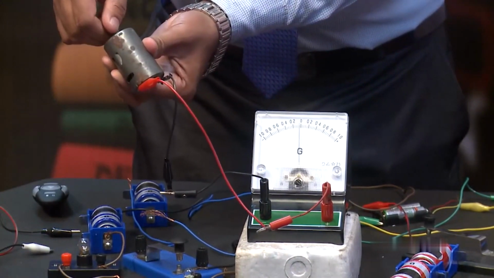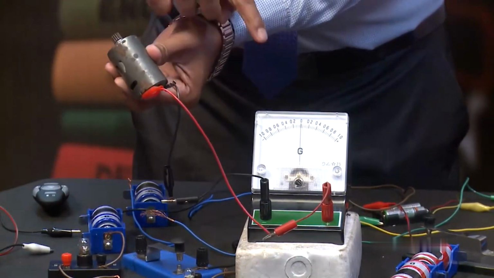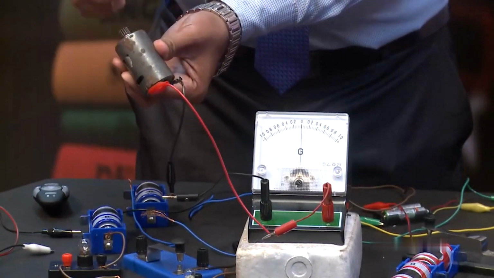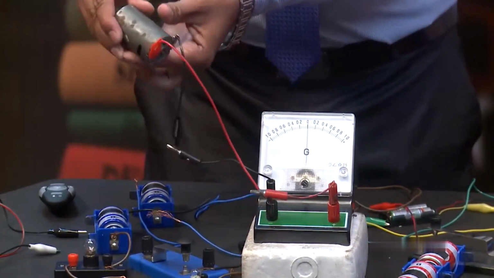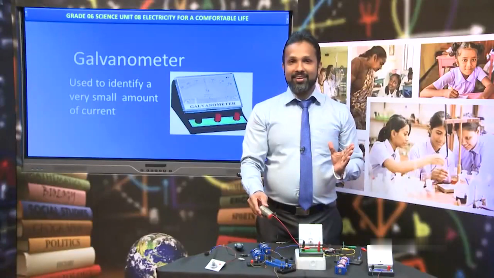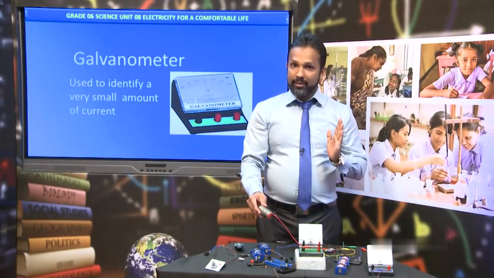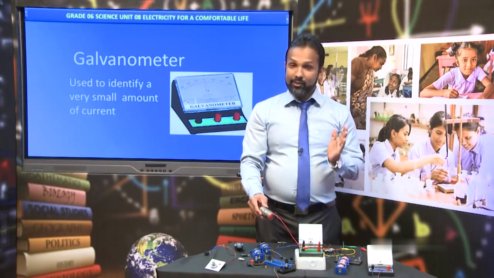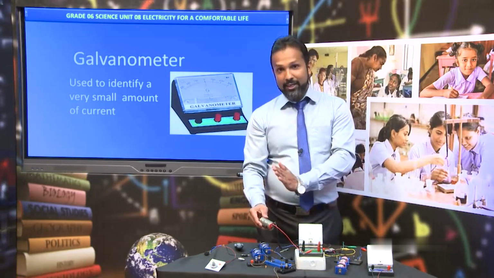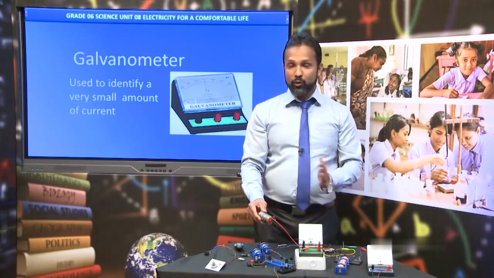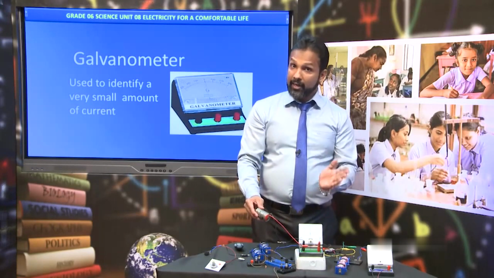Then you can watch the galvanometer indicator shows a deflection to the left side. Then you can understand that the galvanometer is used to identify a very small amount of current, because the deflection of the indicator shows you the flow of current.